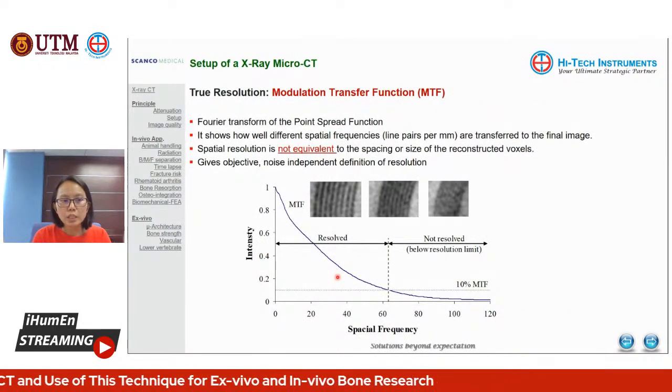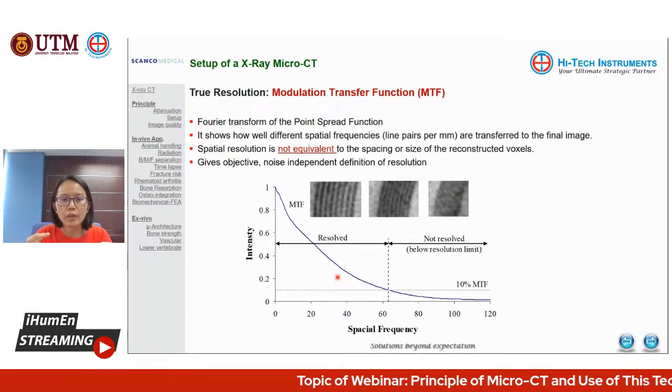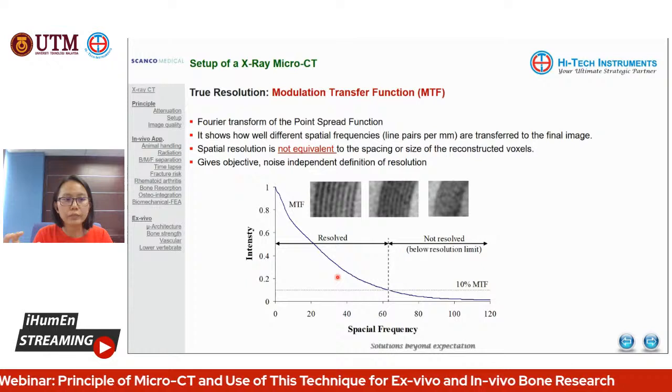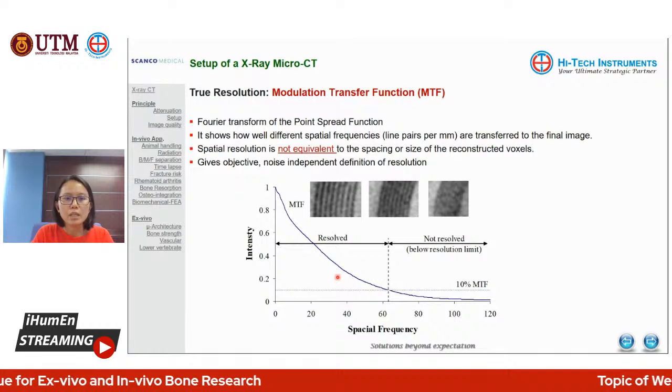The combination of all these factors comes to the effective resolution, the real final resolution, with a combination of the X-ray spot size, the angular steps, and also the efficiency of the detectors. It will give you the resolution, what we call the modulation transfer function, MTF.